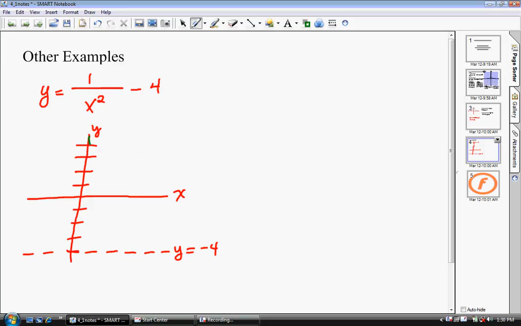I still have my vertical asymptote. Use your imagination if this was a vertical line. Should have imported a graph there. But what I need to know are some key points on the graph. And remember that (1, 1) is a key point. So if I shift that down, that becomes (1, negative 3).